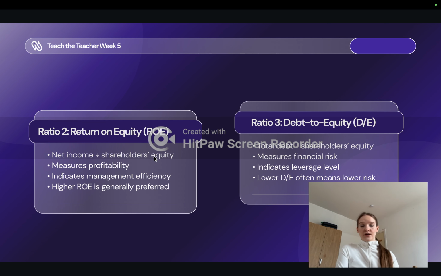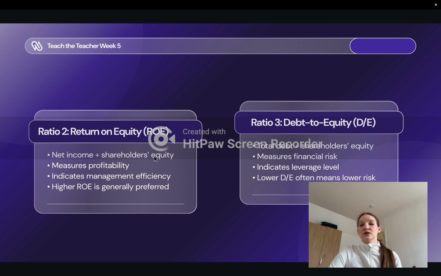But if it is high, it may mean that the company may struggle during economic downturns, so it is more vulnerable to crisis, because even if there's a crisis and they don't have that many clients, they would still need to pay their loans. So this is one of the things to look at.